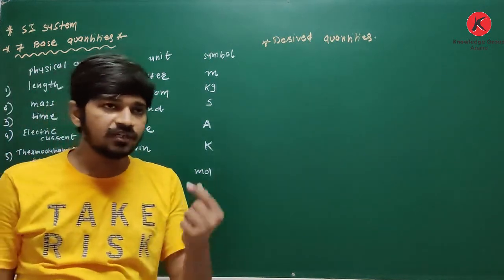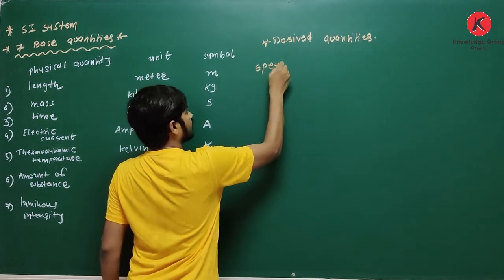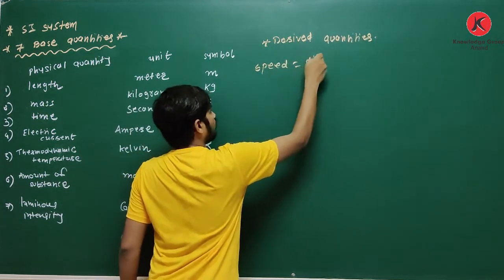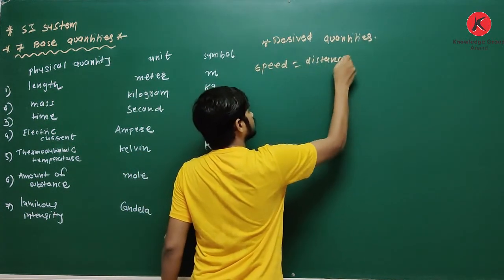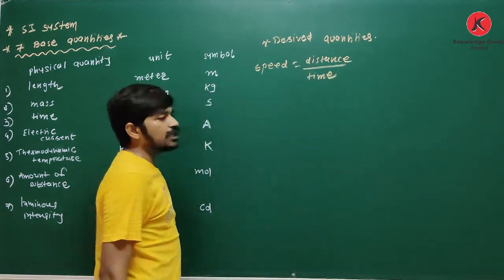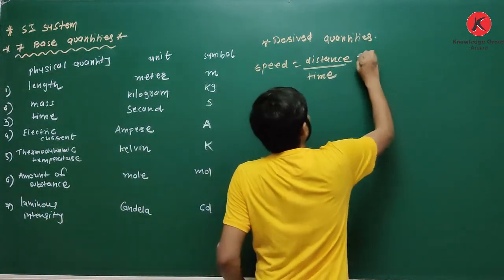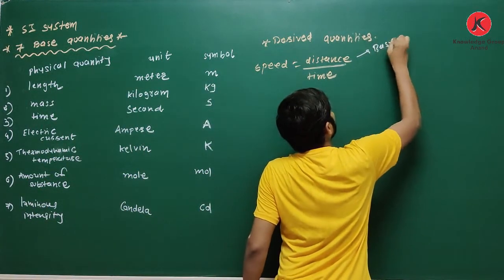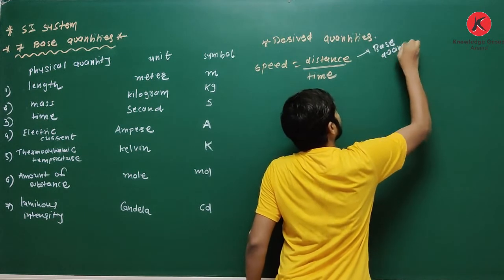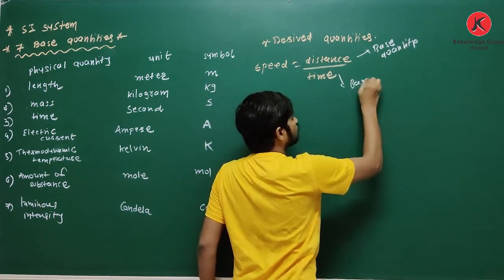See, we will take one example. Speed. What is speed? Speed is equal to distance upon time. Distance means length. It is a base quantity. Time is also a base quantity.